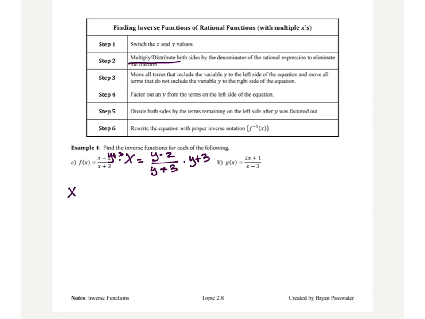Meaning, what do we need to do with that y plus 3? Yeah, we need to distribute the x. We're not going to be able to just say xy plus 3. It's going to have to be xy plus 3x. That's why they say distribute. Make sure that you catch that.